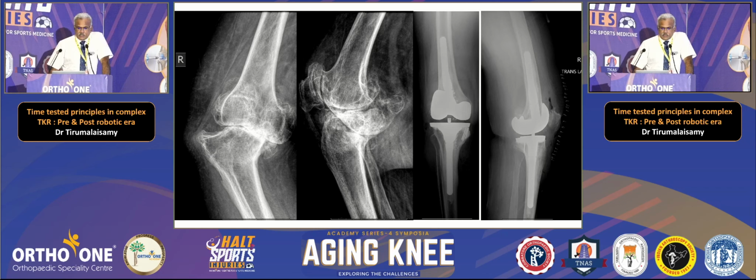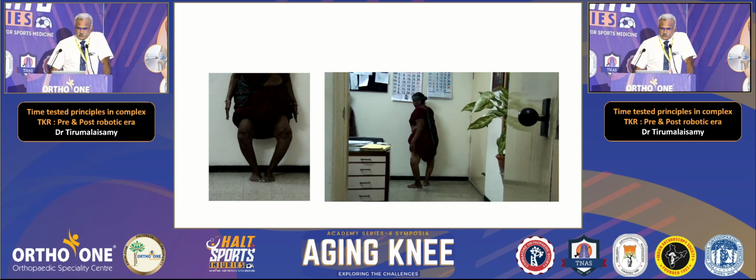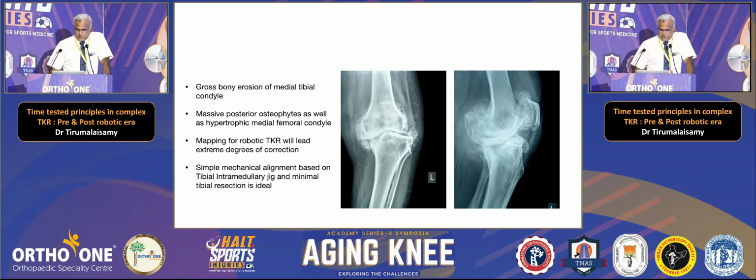I wouldn't go with robotic assistance in these kinds of situations. And this gives a straightforward 1 hour or 1 hour 15 minute surgery. You'll get good results. You're happy.